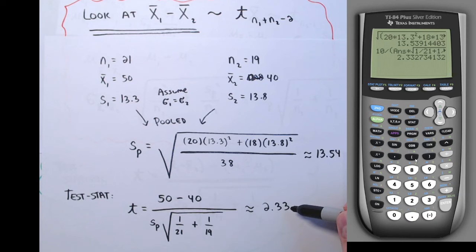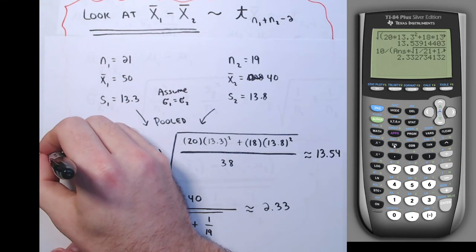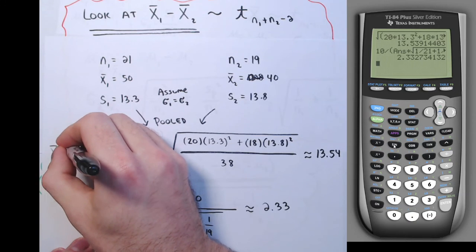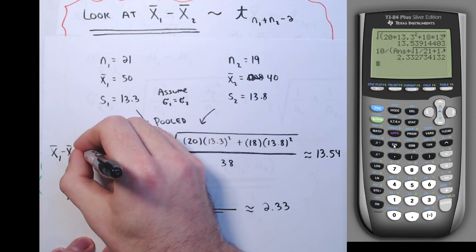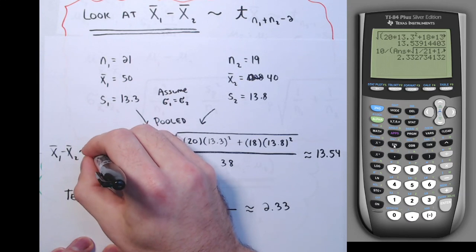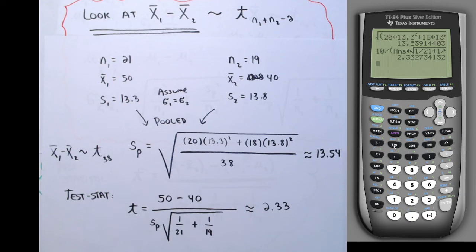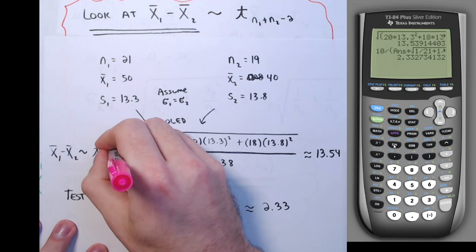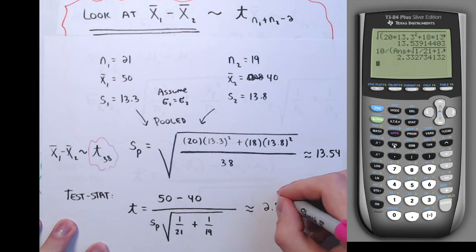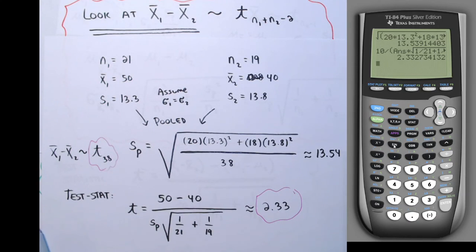Depending on the significance level, we'll see whether or not we would reject the null hypothesis, but we at least have the test statistic, a t-score here. And like I said earlier, the distribution of the difference in sample means, x1 bar minus x2 bar, would be a student's t-distribution with 38 degrees of freedom, the n1 plus n2 minus 2.